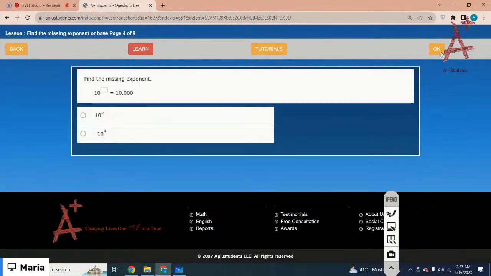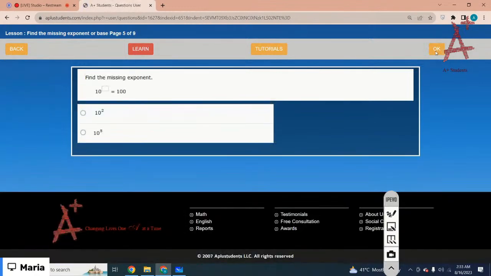Find the missing exponent. Which is the correct option? Yes, that would be 4, because you have 4 zeros with 10,000.